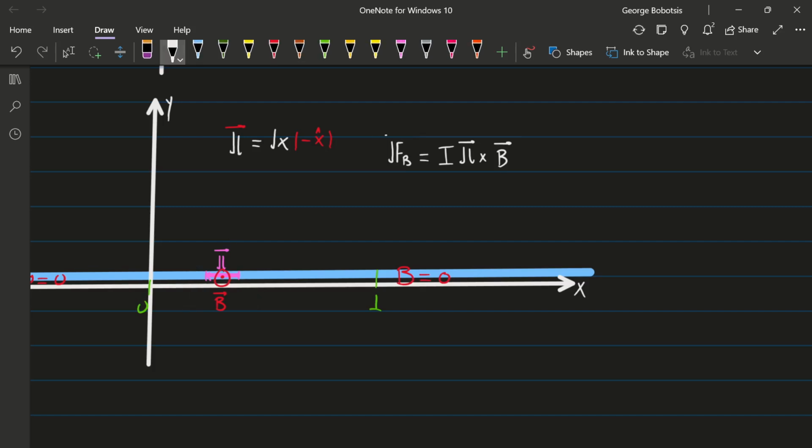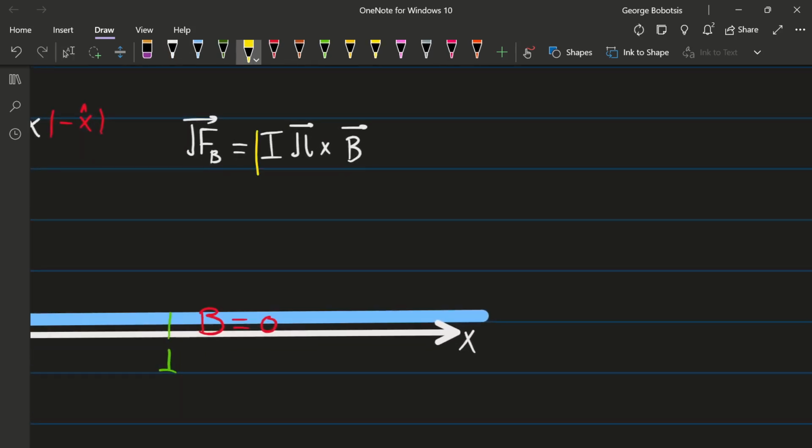Hey, just curious, could we have a problem like this where we have to find the differential force, but instead of the length changing, its current? So it would be like dI times L times B? Well, let me ask you this.